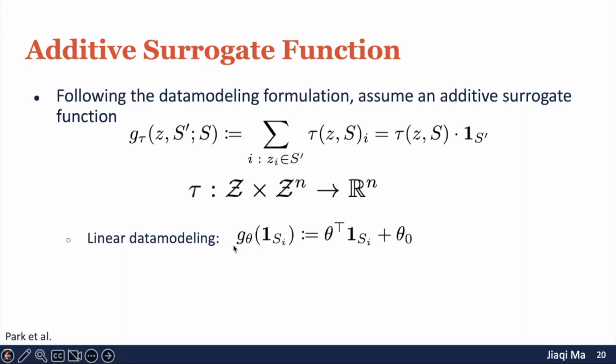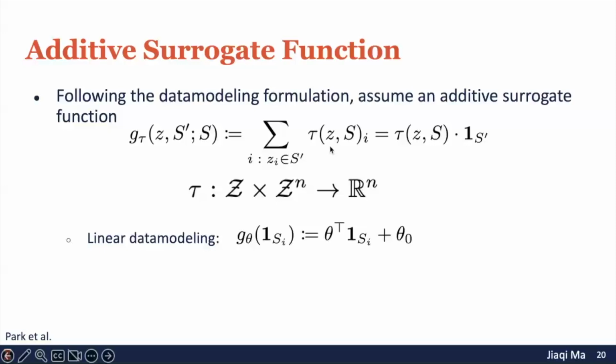Recall that the linear data model function G is written as a free parameter vector theta times the binary vector corresponding to a subset Si. Now, suppose the total number of training data points is n, then this theta will be an n-dimensional vector.